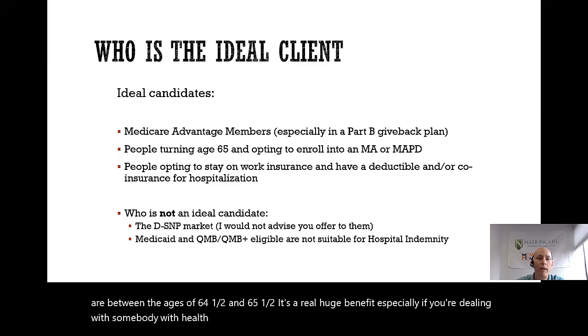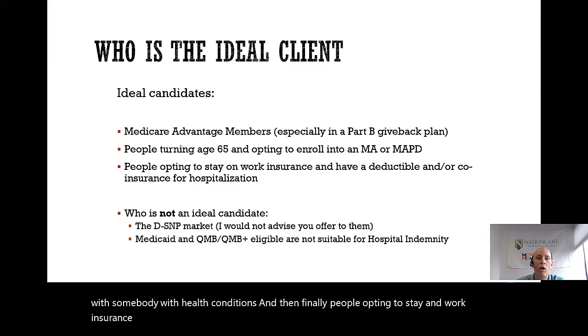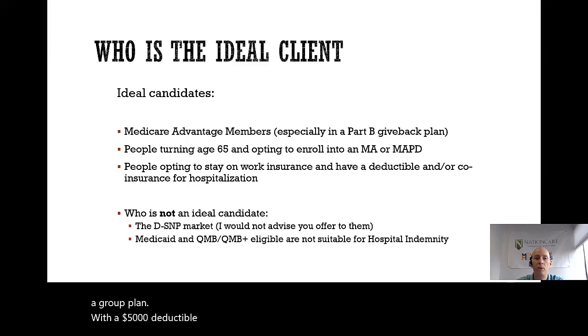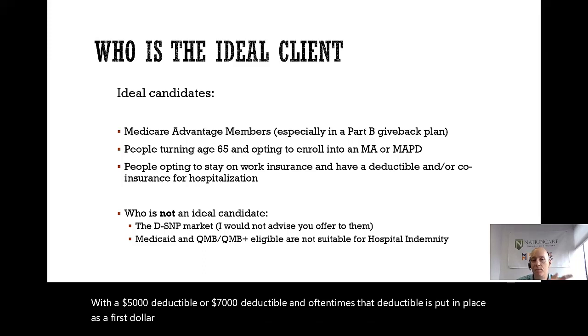And then finally, people opting to stay on work insurance and have a deductible and or co-insurance for hospitalization. It is not uncommon to see a group plan with a $5,000 or $7,000 deductible, and oftentimes that deductible is put in place as a first dollar for hospitalization. So a hospital indemnity plan could help people limit and minimize that exposure.